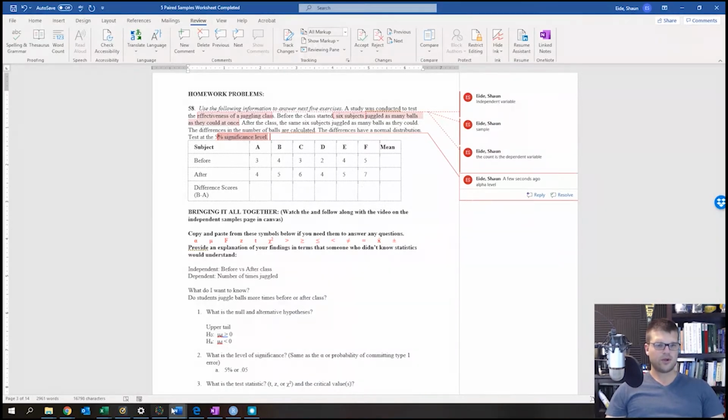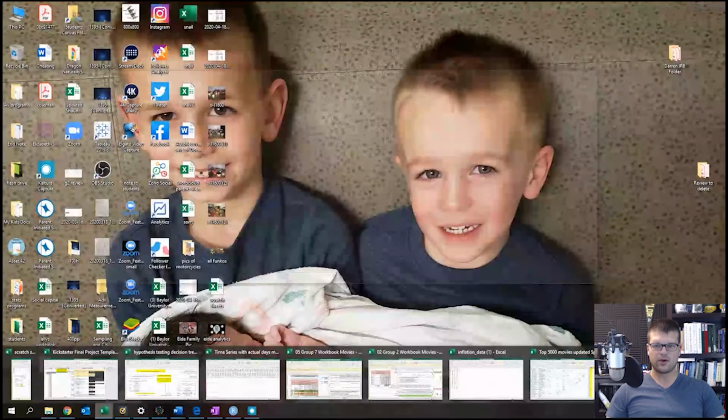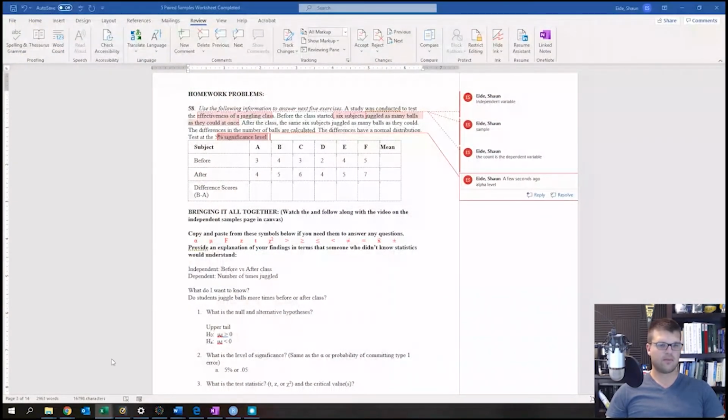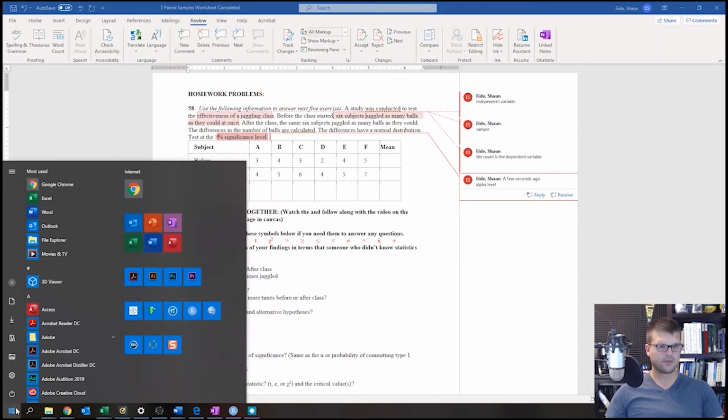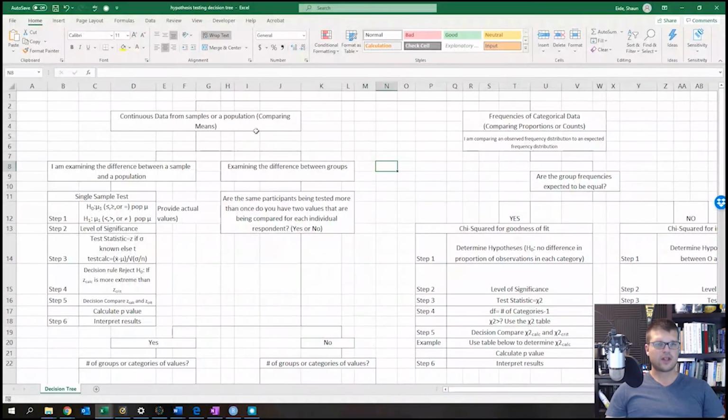First, before we do any calculations, let's go through the decision tree to make sure that we know exactly what we're doing and why we are doing it. Okay, so we've got the hypothesis testing decision tree here, and let's go through this step by step. First of all, are we dealing with continuous data from a sample, or are we dealing with frequencies of categorical data?